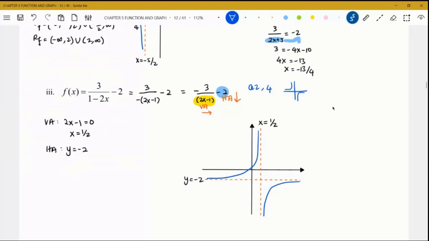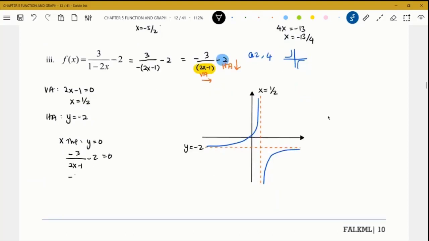Okay, so as you can see, we're gonna have either x-intercept sahaja ataupun y-intercept sahaja ataupun both. So you need to find both intercept lah. So x-intercept di mana y equal to 0. So negative 3 over 2x minus 1 minus 2 equal to 0.